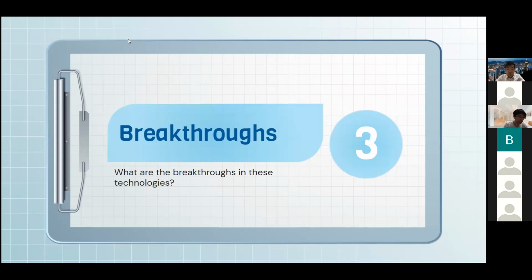But even this latest technology still has room for breakthroughs, and there are several different directions of breakthroughs that we can pursue to better optimize the imaging techniques of coronary catheterization.